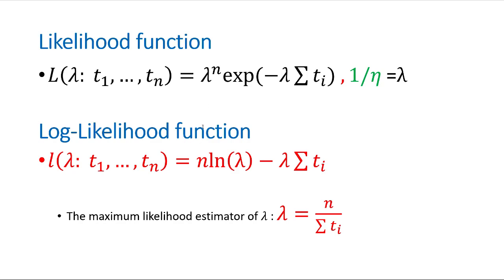So if you take the logarithm of the likelihood function, then you get this. And if you study statistical inference, you will learn that the estimate is the same as 1 over the average, 1 over the mean. So lambda is equal to n over the sum of t_i, right?